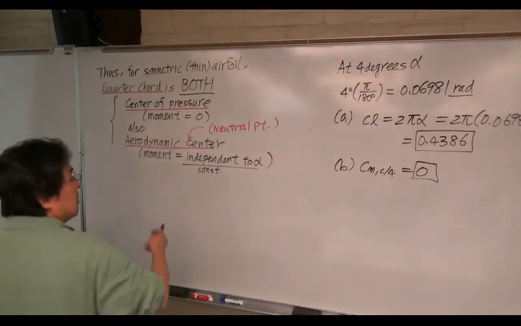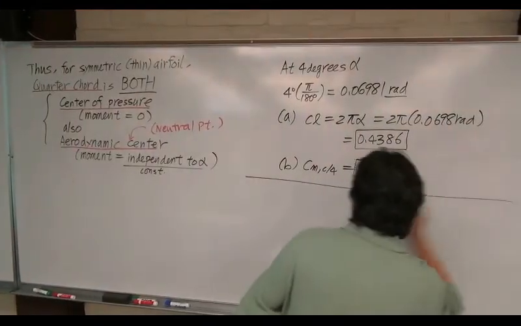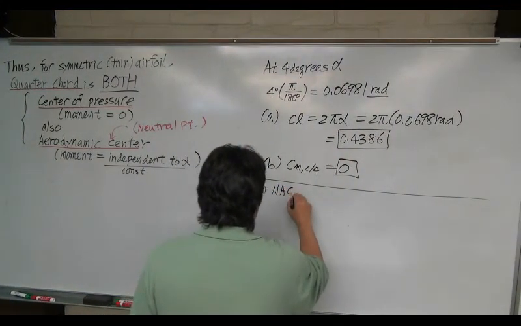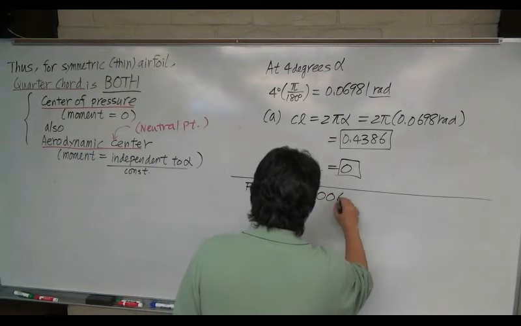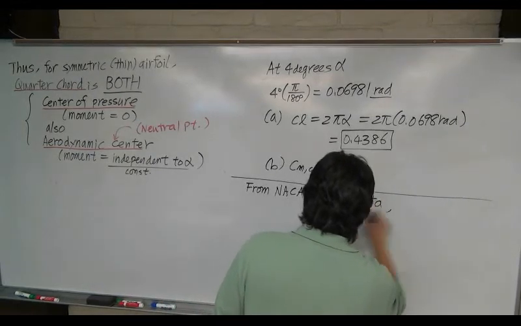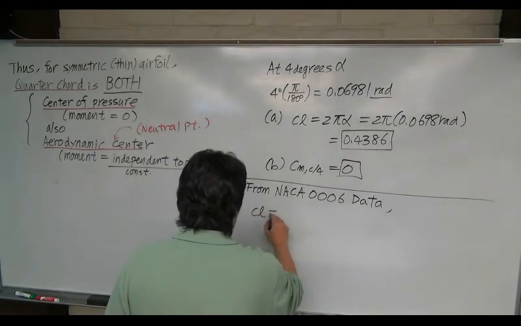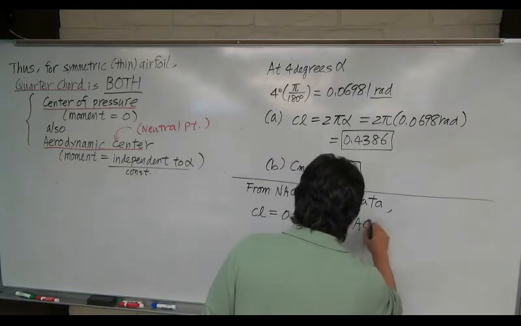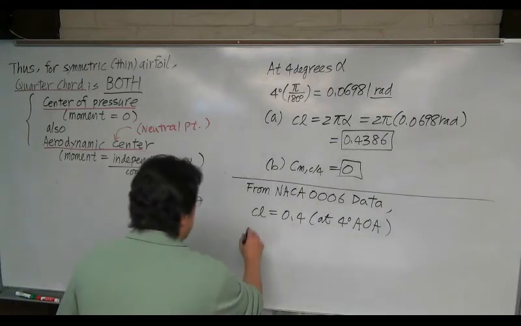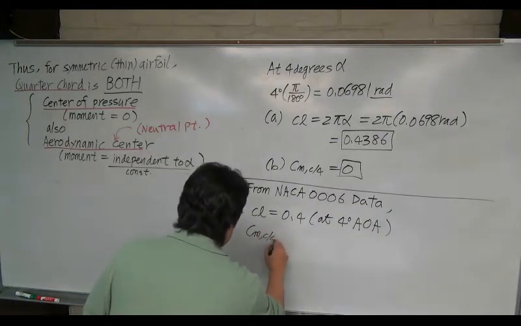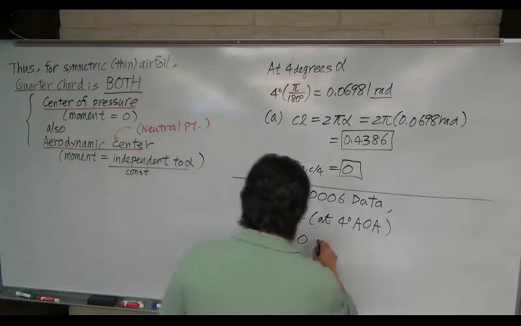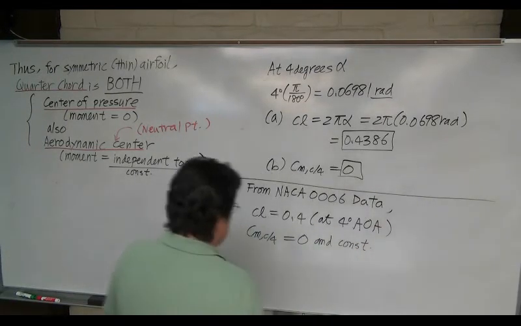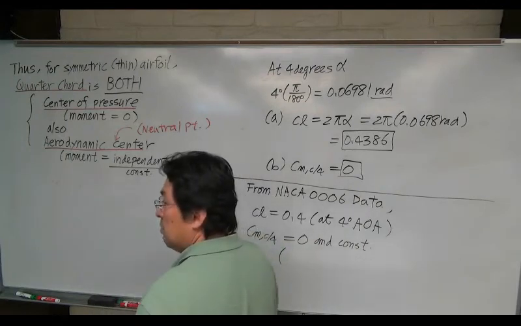So from the NACA 0006 data, CL is 0.4 at 4 degrees angle of attack, or alpha. CM quarter-chord is 0 and constant in the range between -8 to 8.